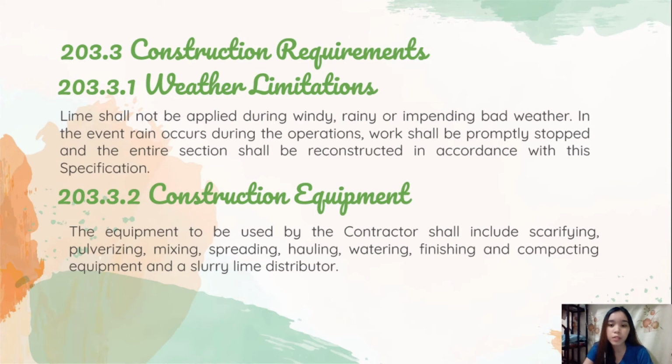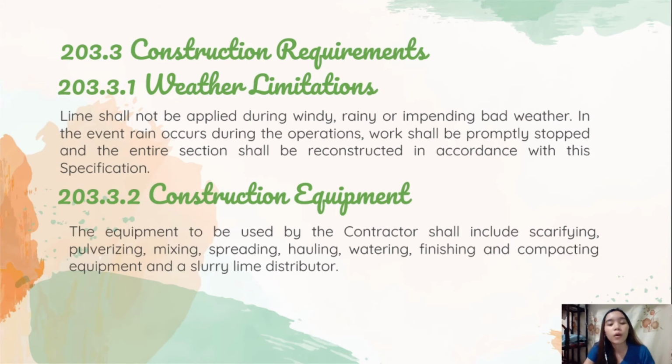The equipment to be used by the contractor shall include scarifying, pulverizing, mixing, spreading, hauling, watering, finishing, and compacting equipment and slurry lime distribution. Then the distributor equipment shall include a tachometer, pressure gauge, accurate volume measuring devices, or a calibrated tank. Those equipment shall be in good condition and shall be approved by the engineer both as to type and condition and provided with experienced operators before the start of construction.